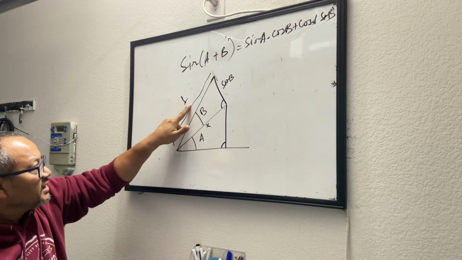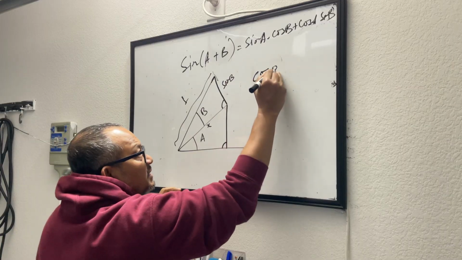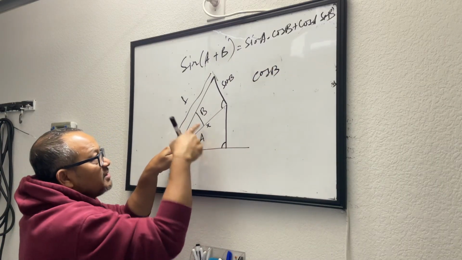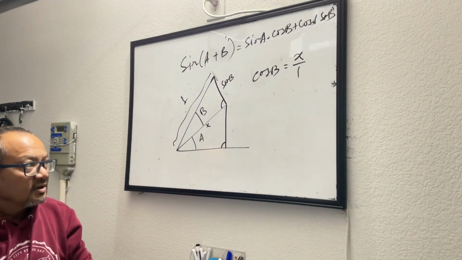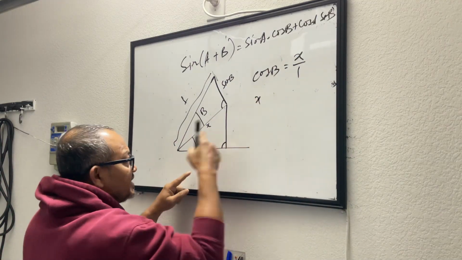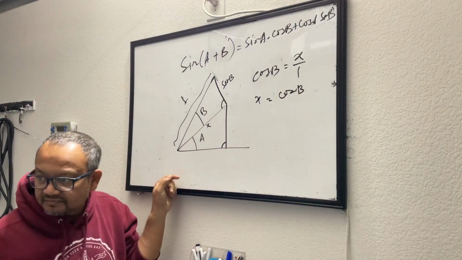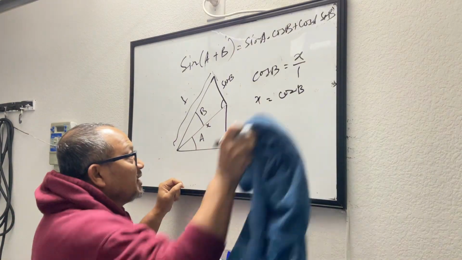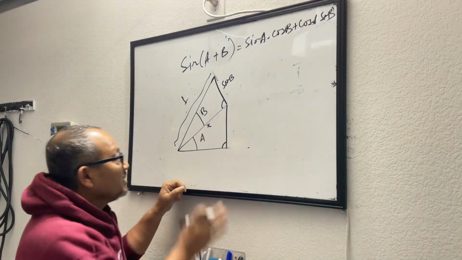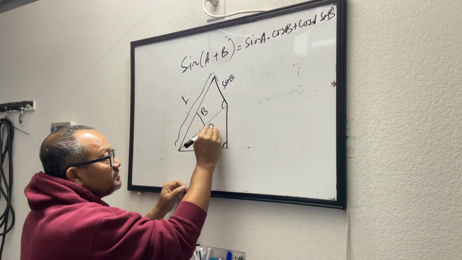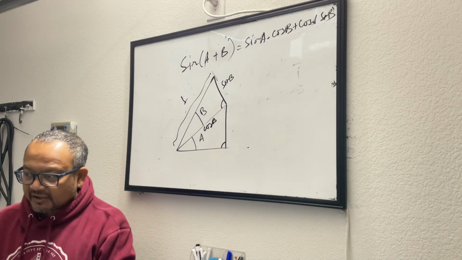So x over 1 would be cos of B, or cos of this angle would be adjacent side by hypotenuse. That is x over 1. That means in this case this x is equal to cos of B. Let me know if I am forcing you guys to believe something. So this side is cos of B. So far okay? I'll give you guys 5 seconds to process this.